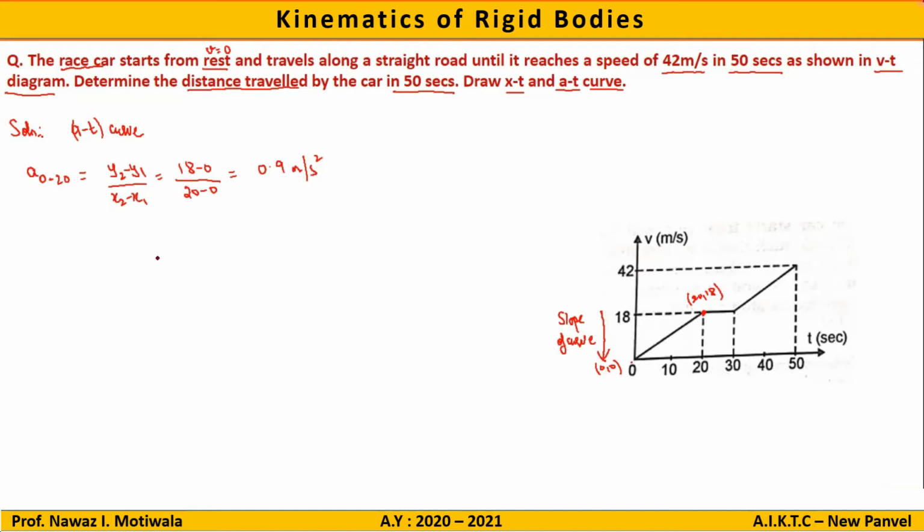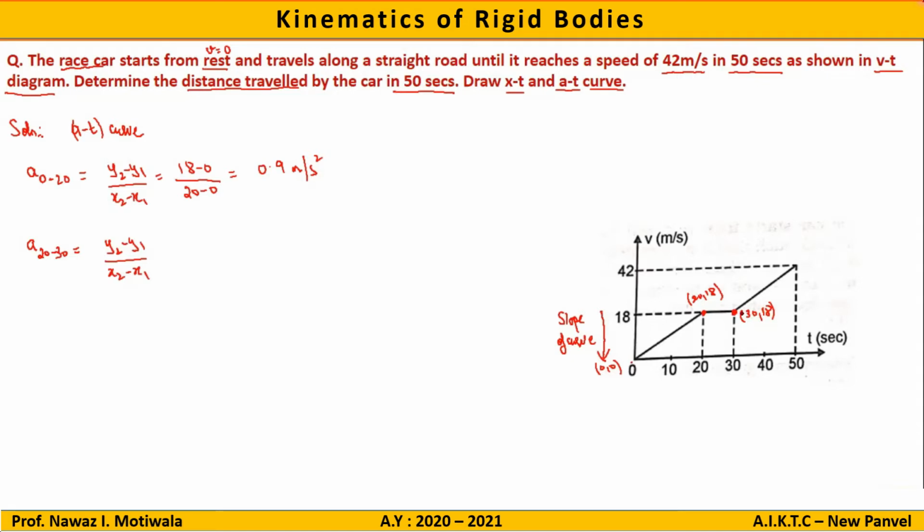Now let us proceed further for acceleration between 20 to 30. Again, as we are going downside, it will be a slope: y2 minus y1 upon x2 minus x1. But now, as it is between 20 to 30, the point at 20 will become my first point and this point will become my second point, so this will be 30, 18.